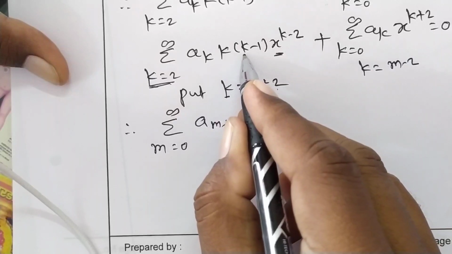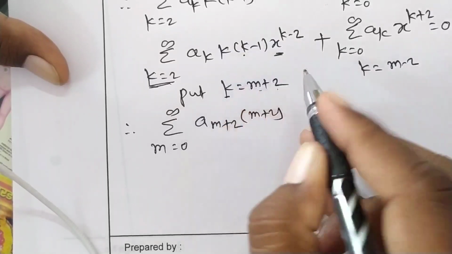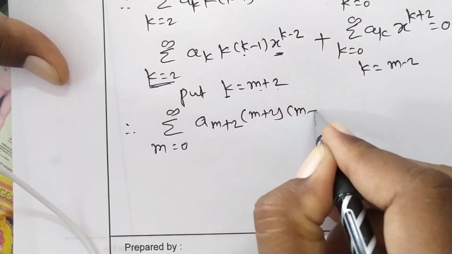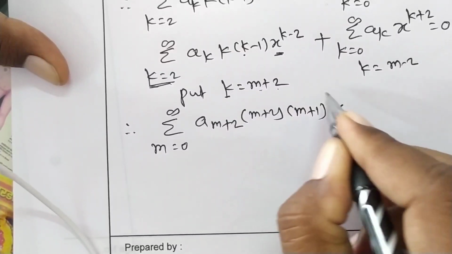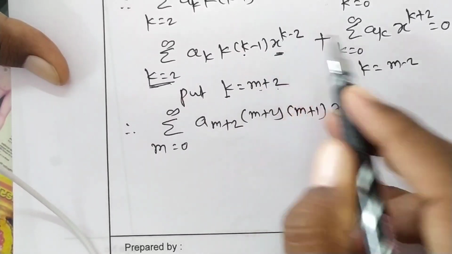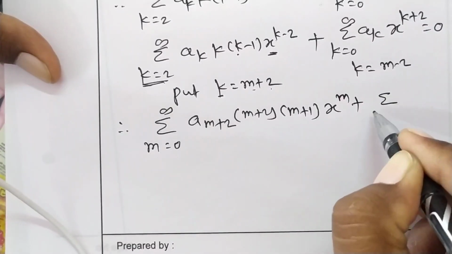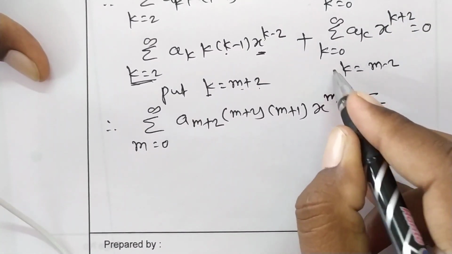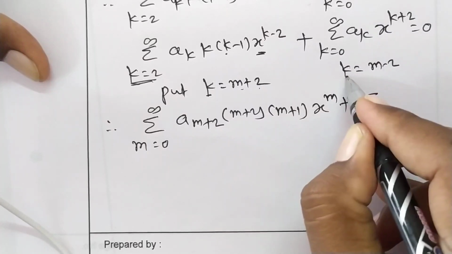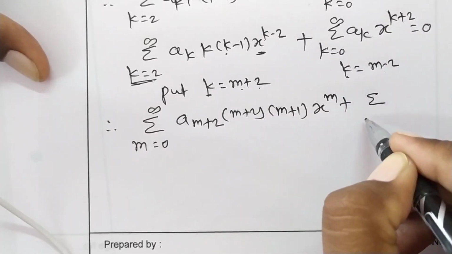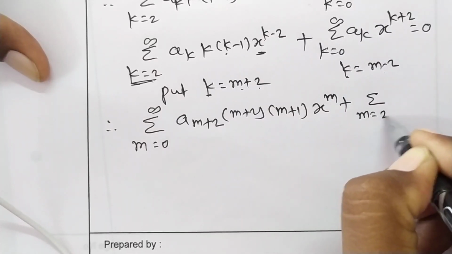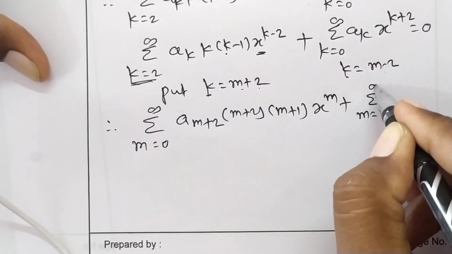If you put k equal to m plus 2 minus 1, that is m plus 1, into x to the power m plus 2 minus 2, that is m, plus the same summation in the second series. Now if you put k equal to 0, then you will get m equal to 2. So here m starts from 2, so m varies from 2 to infinity.